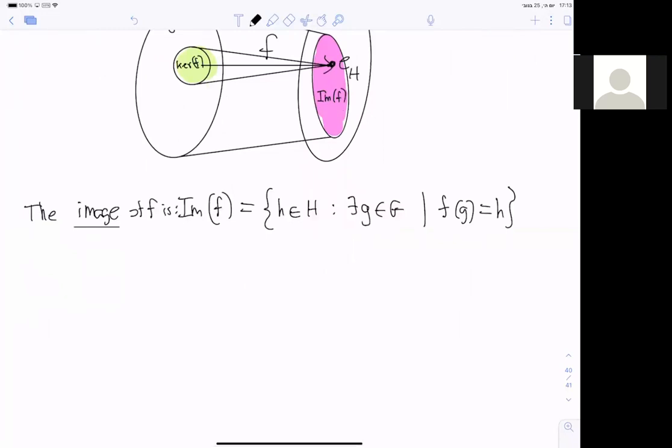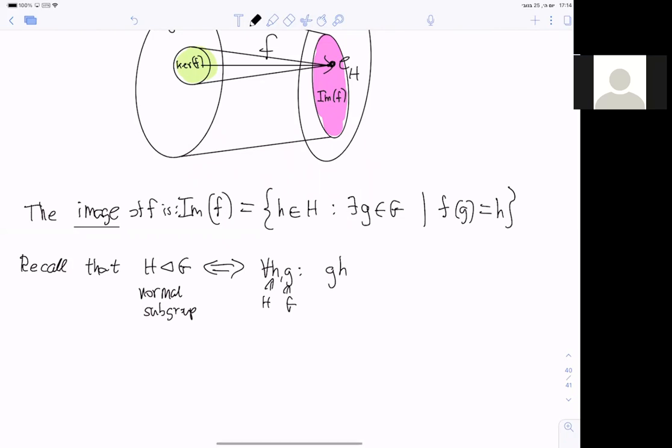I remind you, recall that H is a normal subgroup of G if and only if for any h in H and g in G, g h g minus 1 belongs to H. We have seen it at the end of last time, because this means that gH always belongs to Hg.